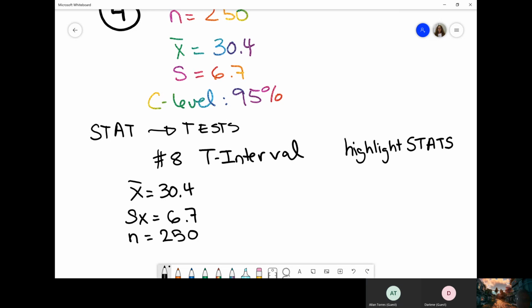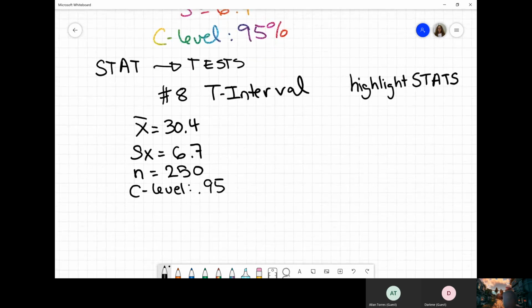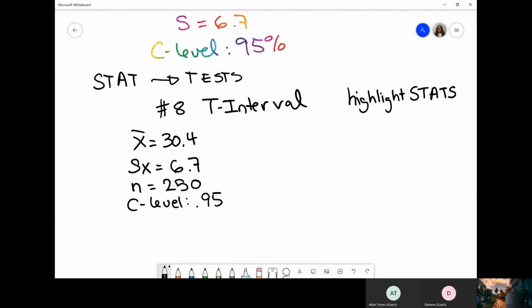And the C level is 0.95. And then you calculate. I think I got 1.2198 or 99. I don't know where you round off on this.